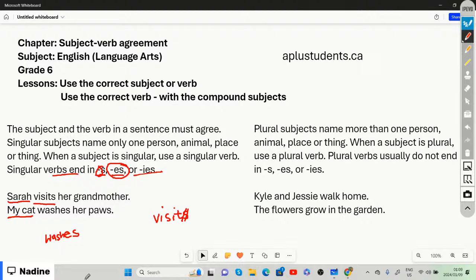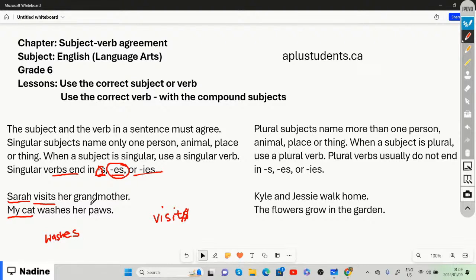Then we have plural subjects. A plural subject names more than one person, animal, place, or thing. When a subject is plural, referring to more than one person, animal, or thing, we need to use a plural verb. And that is how it shows that it must be in agreement.